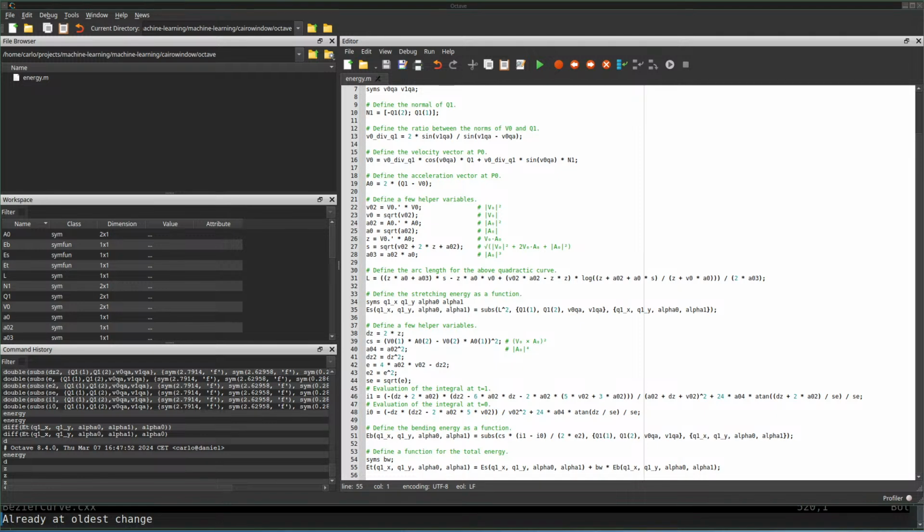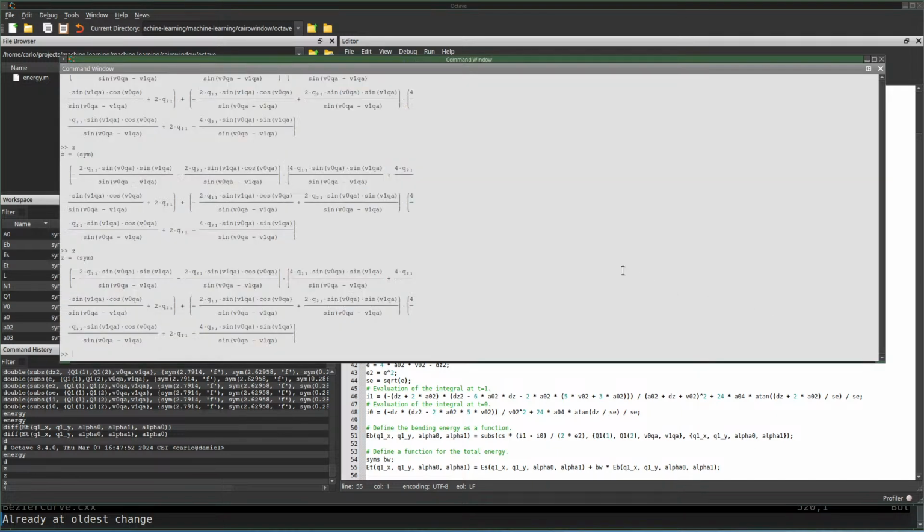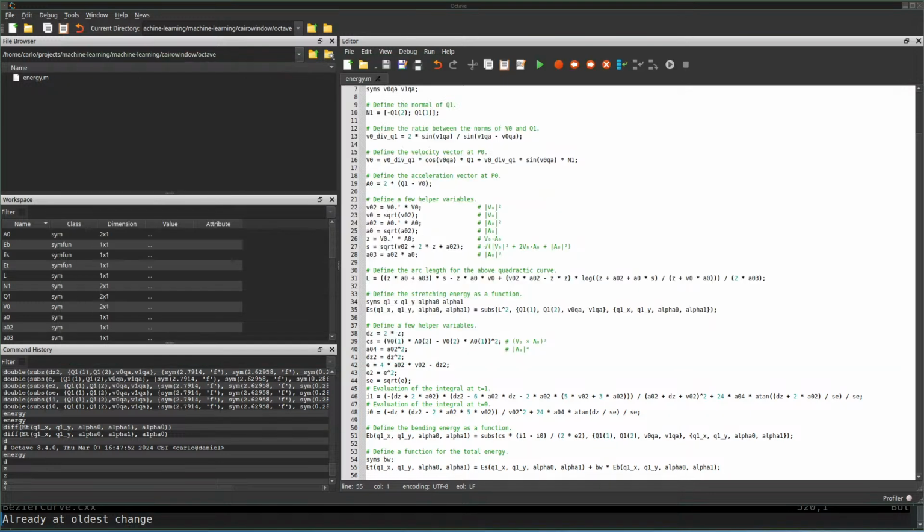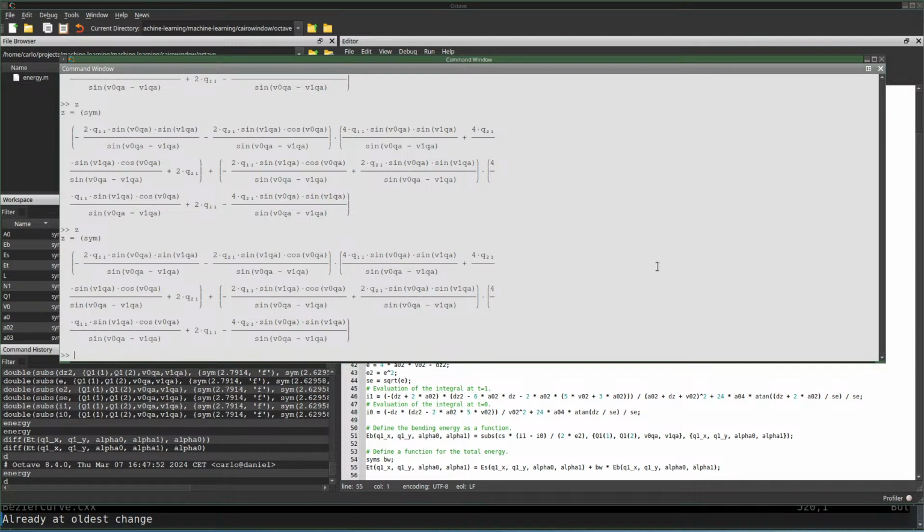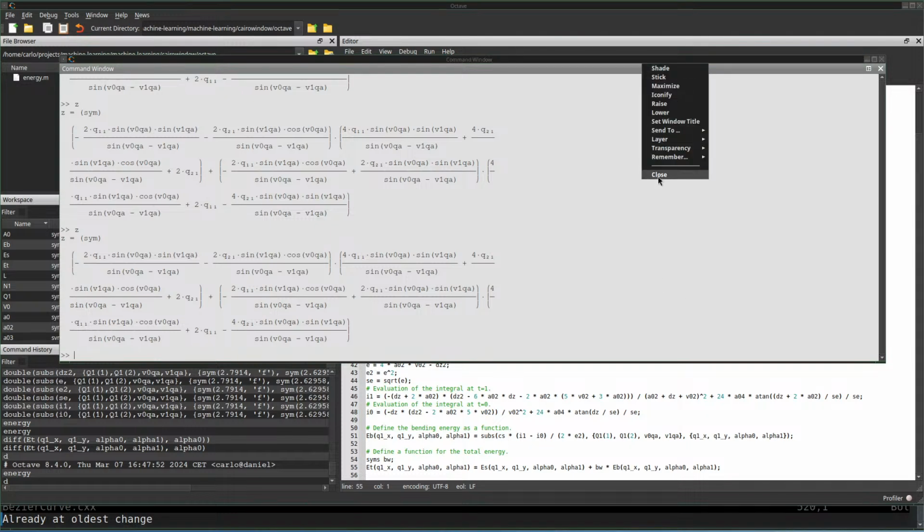I'm going to set that to 160. Nothing, yeah. Also very annoying that this thing is hiding itself.